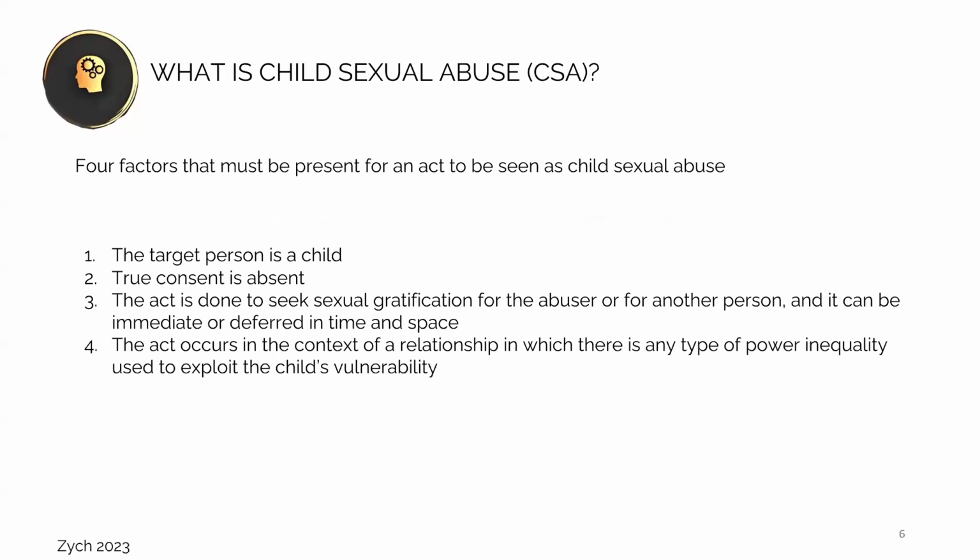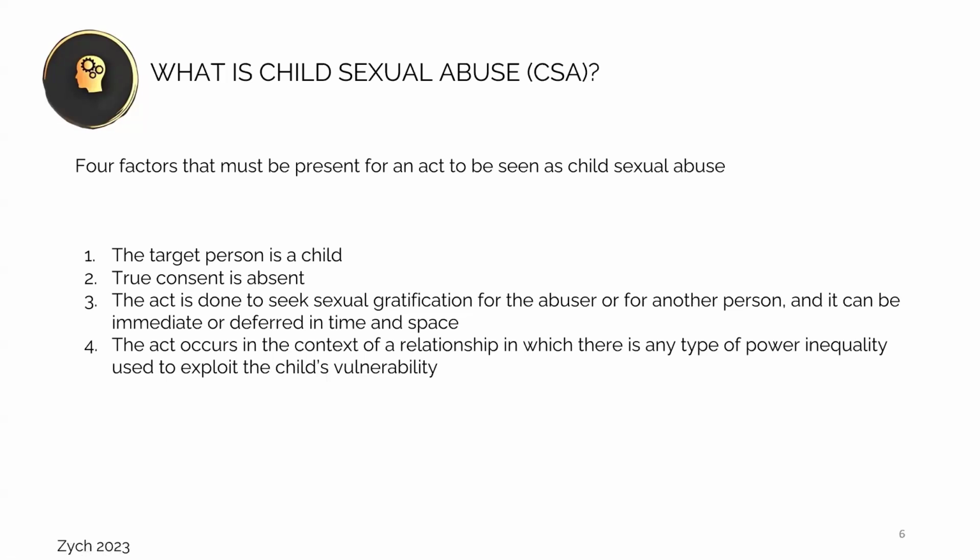So for an act to be considered child sexual abuse, there are generally 4 factors that are included. First, the target person has to be a child where there's no true consent.